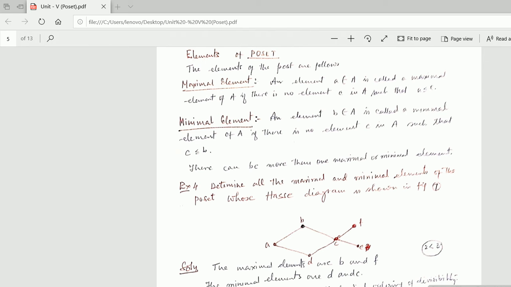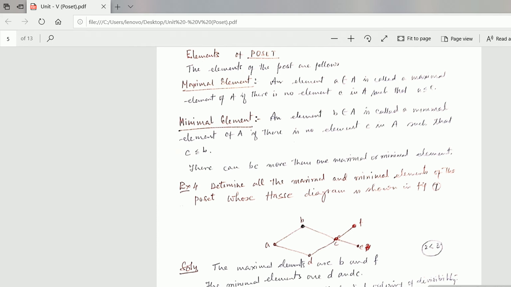Maximal element. An element A belonging to set A is called a maximal element of set A if there is no element C in A such that A is less than or equal to C. Minimal element.